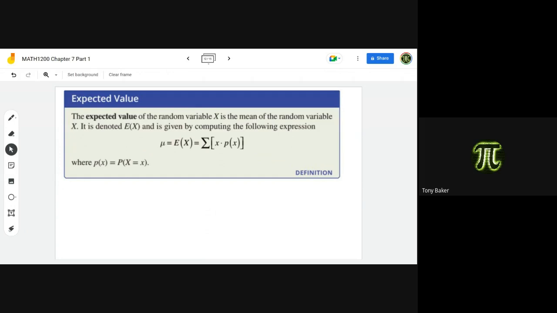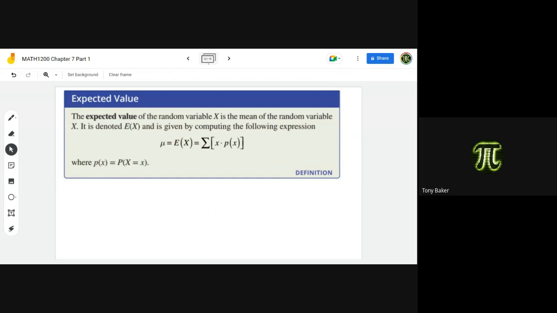To do that, we've got this crazy formula, but it's really not that insane. Basically, all you're going to do is take the probability of the event happening and multiply it by whatever that event is, and then add all those together. In essence, you are doing a weighted average, which we've talked about before.